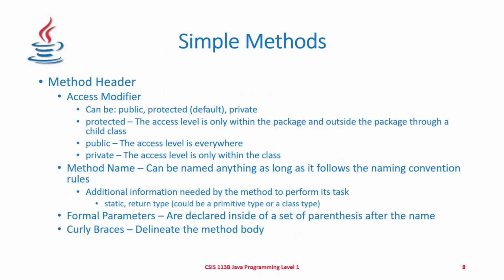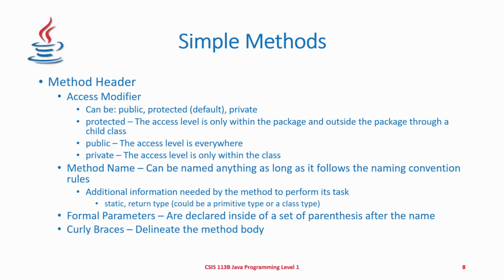From a technical standpoint, our method header contains an access modifier. That was the public word that you saw in the previous slide. The options are public, protected, or private, and if you don't put anything there, the default applies. Protected means that the access level is only within the package and outside the package through a child class, so we create a child class of the class that we're working in.